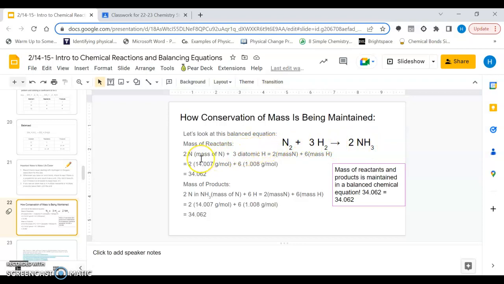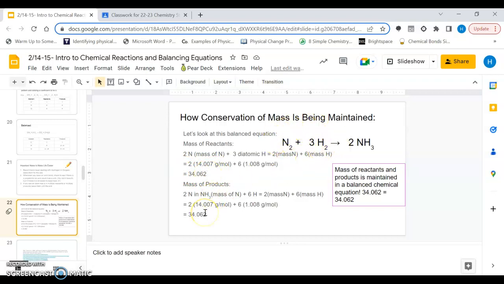And the deal is, if you look at the mass, and we go back to atomic mass, if I have 2 nitrogens and I have 6 hydrogens, so 3 diatomic hydrogens, the mass is 34.062. All right, so this is the mass of my reactant side.